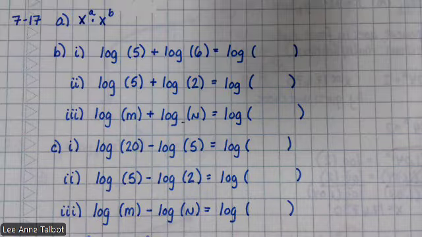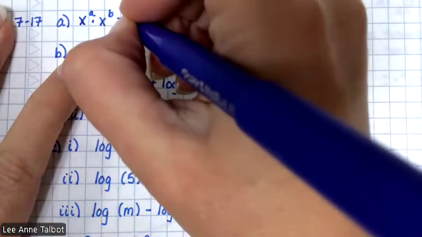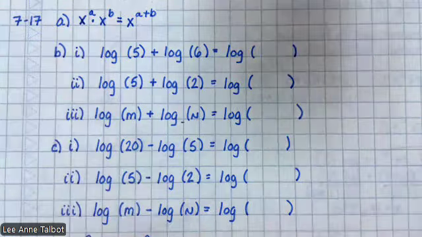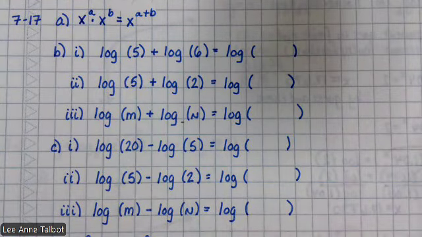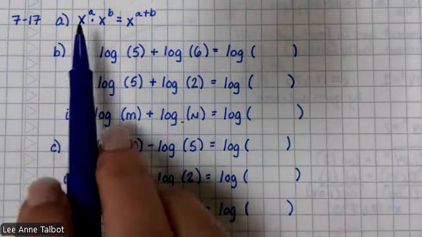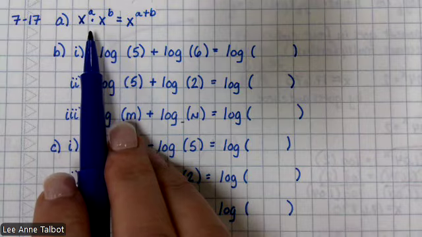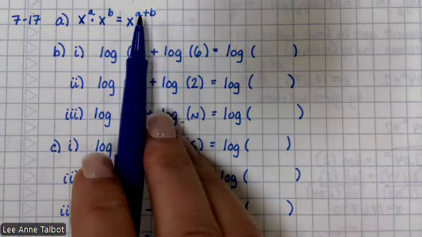What do I do with the exponents? Add them. So the answer to this is x to the A plus B. I want to remind you, it's math 1. If you have the same base and you're multiplying, that means that you add the exponents.